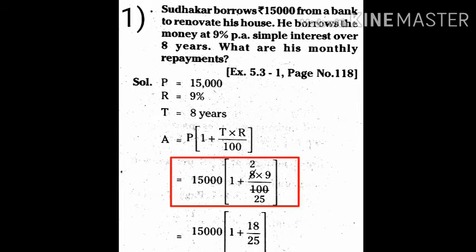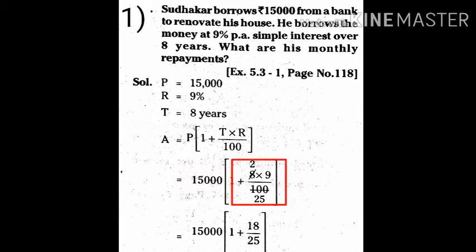P means 15,000 into (1 plus T means 8 years into R means 9 by 100). Here cancellation: 4 twos are 4, 25 fours are 100. Next step, 15,000 into (1 plus 2 nines are 18 by 25).